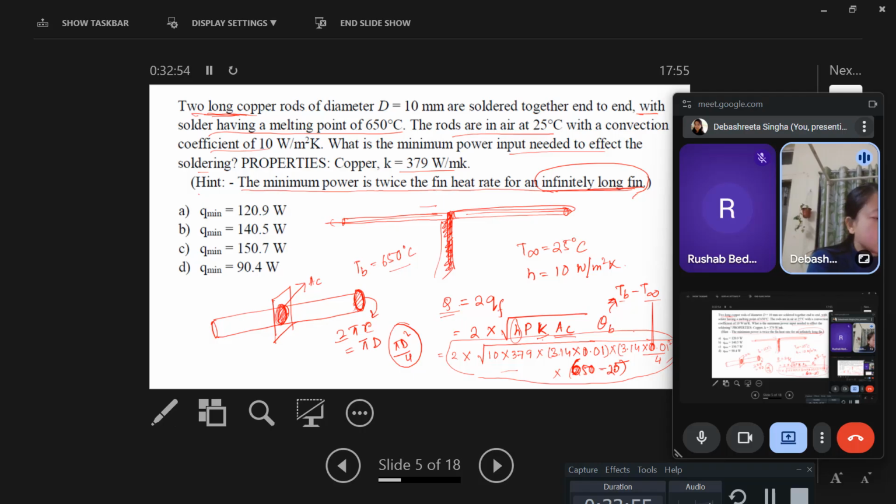Okay, should I tell the answer? It will be around 120.54, that means option A, 120.9. You got this question right? Okay, we'll move to the next question.